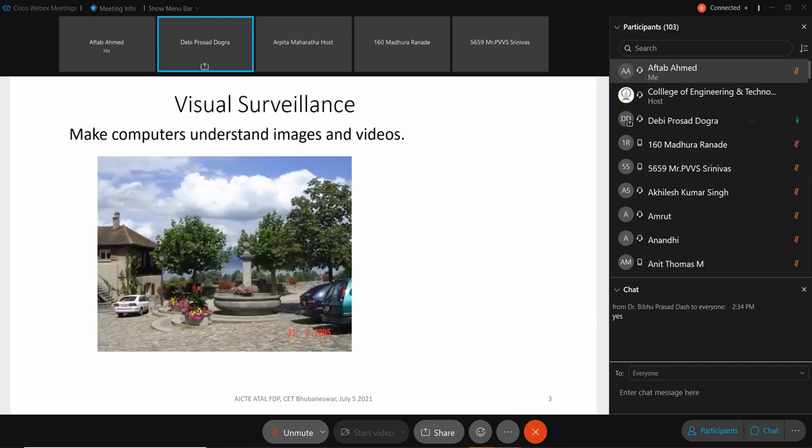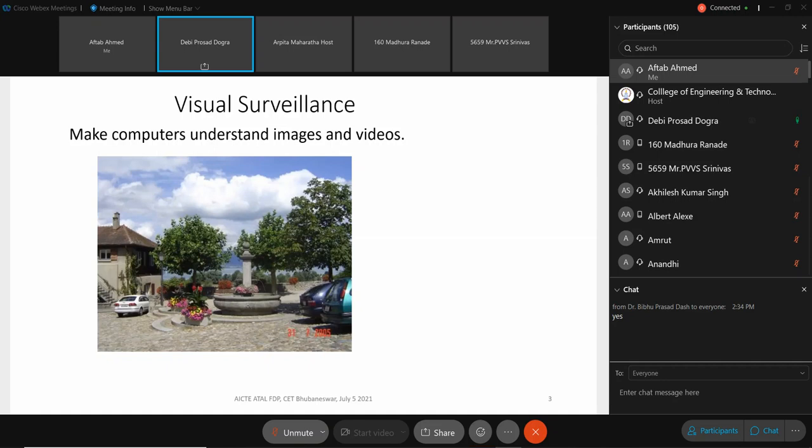Now let us start with a very simplistic, pictorial depiction of what kind of answers we want from a computer, given an image like this. So what do we want? We want to make computers understand images and videos. Let's take this example.